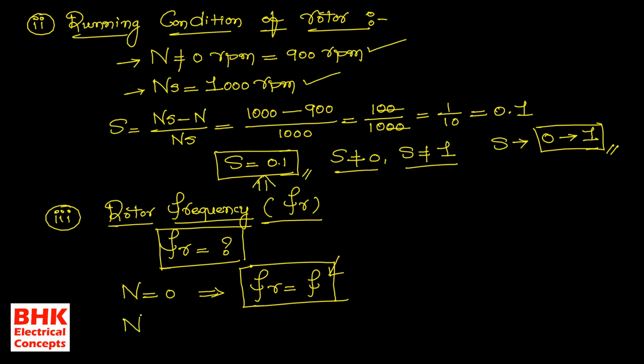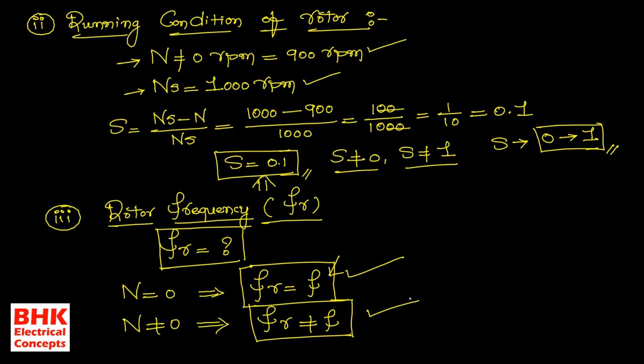But under running condition of a rotor, the rotor frequency is not equal to the supplied frequency. But how do we get fr equal to f under standstill condition and fr not equal to f under running condition?